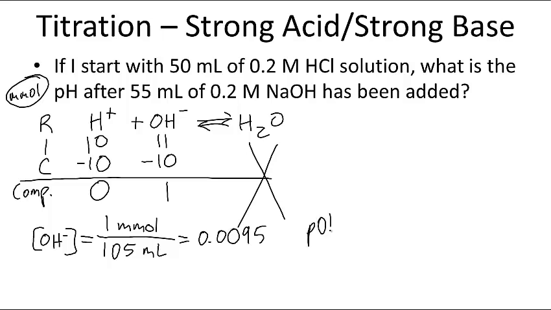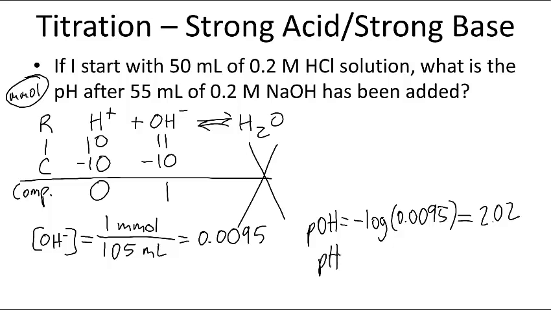So the pOH will be the negative log of 0.0095, which is 2.02, and the pH is going to equal 14 minus 2.02, which will be about 12.